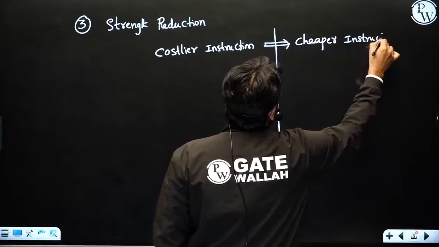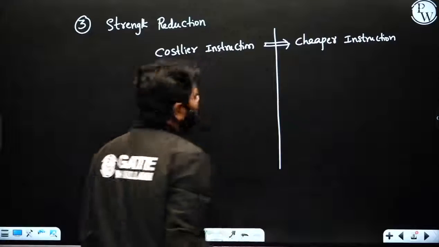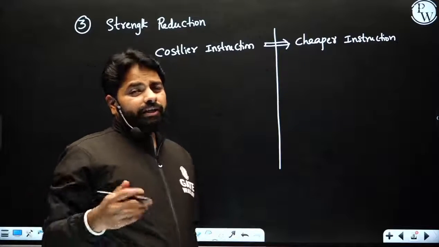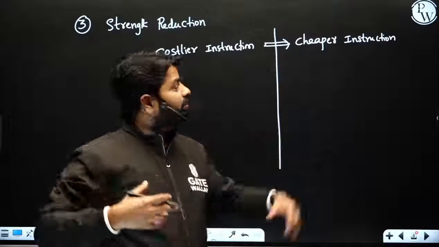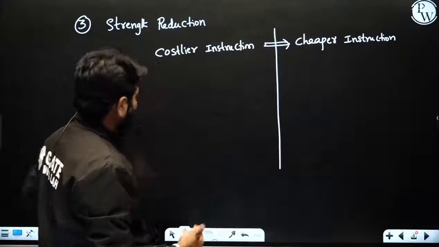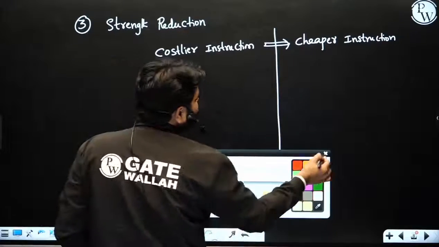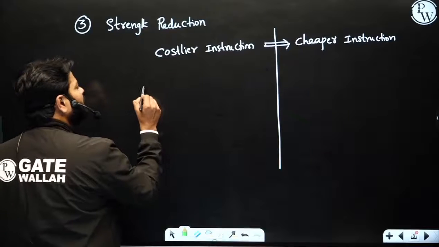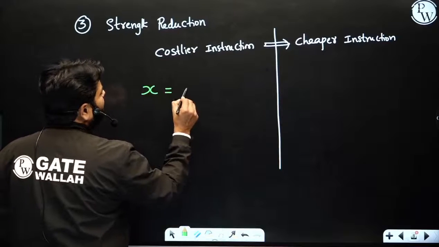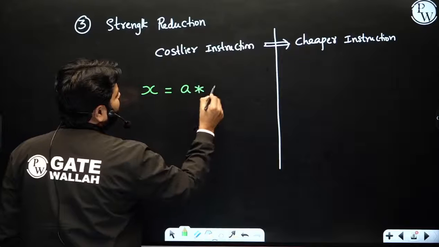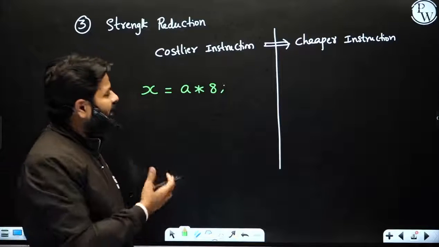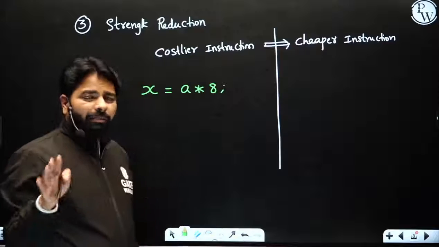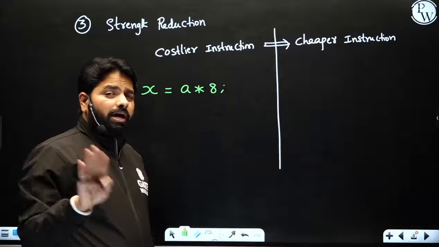What do you mean by costlier and cheaper? The costlier instruction might take more time compared to the cheaper one, or might take more space compared to the cheaper one. So let's look at multiplication, a very simple example. Suppose you are doing multiplication, x is equal to a multiplied by 8. Then you know that multiplication is costlier than addition and shift.